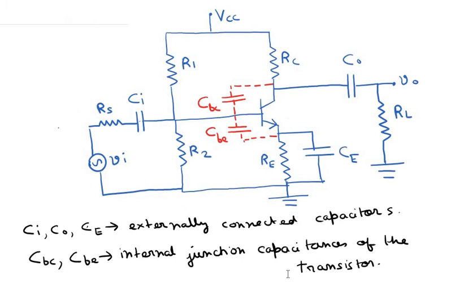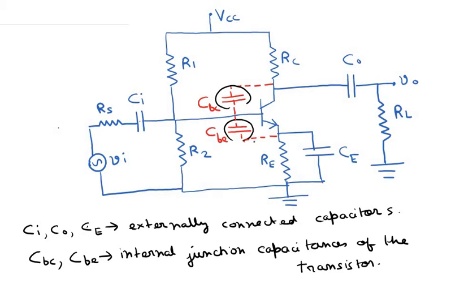Okay, so let us now understand why I said that when we calculate the gain, we assume CBC and CBE are behaving as open circuits. If you remember, we assumed that Ci, C0 and Ce basically behave as short circuits, and that is why we had not put them in the AC model. Similarly, we assume that CBC and CBE would behave as open circuits.